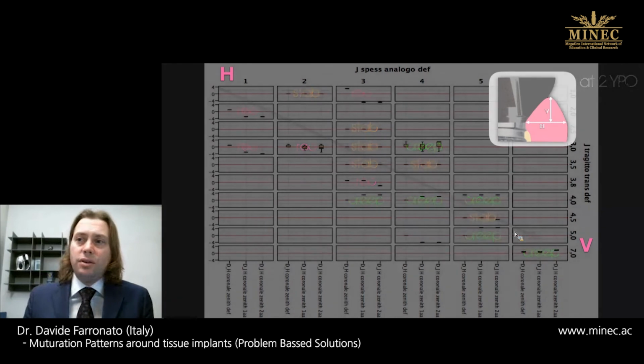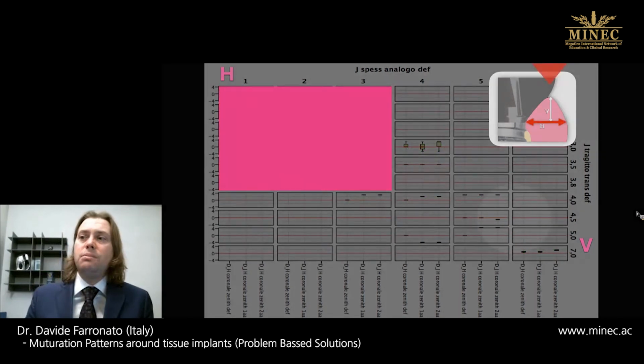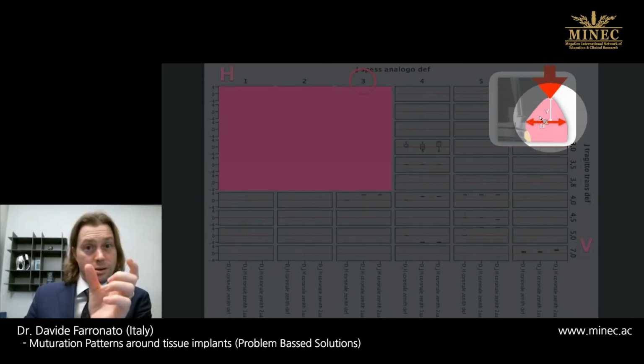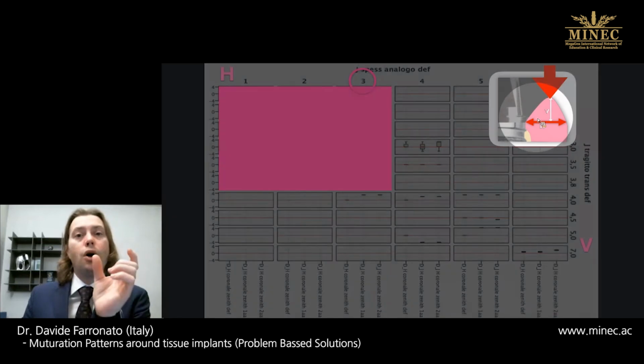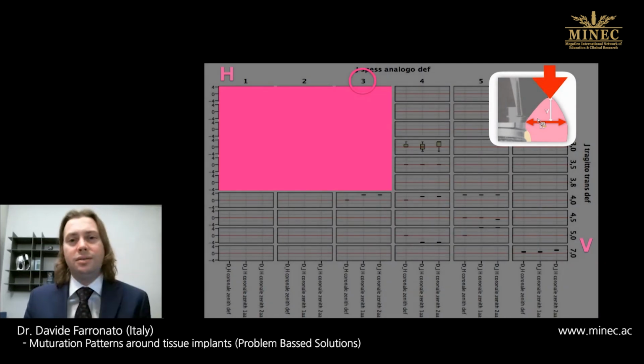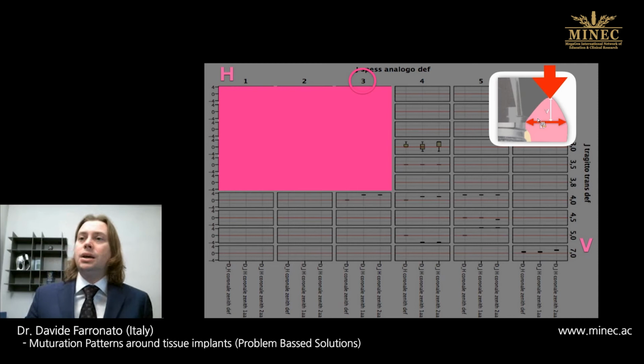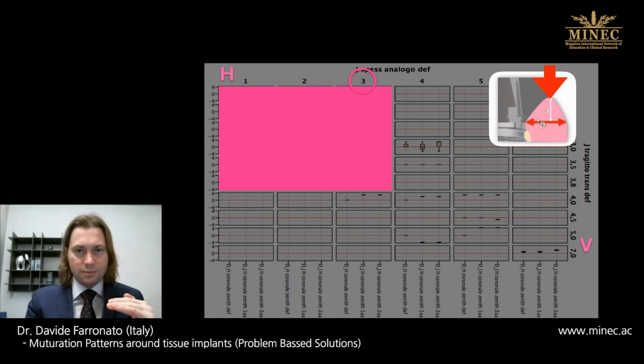We could measure that if you have less than 3 millimeters of width, of biologic horizontal width, this is a new term, you will have a recession over years. The height of the tissue will be reduced.